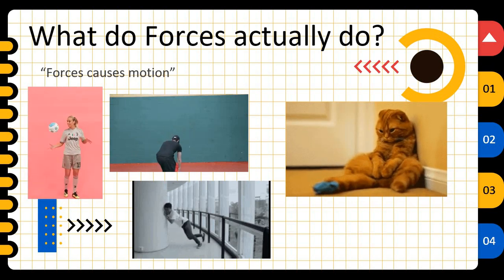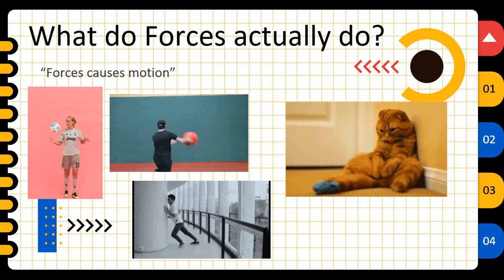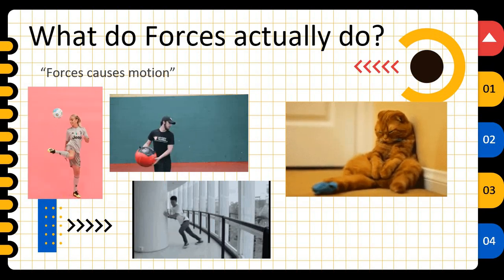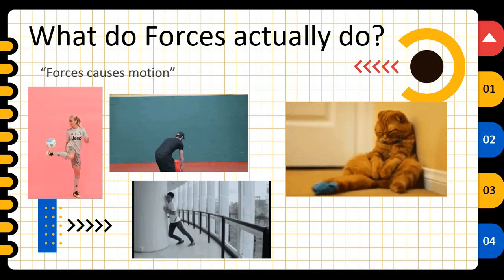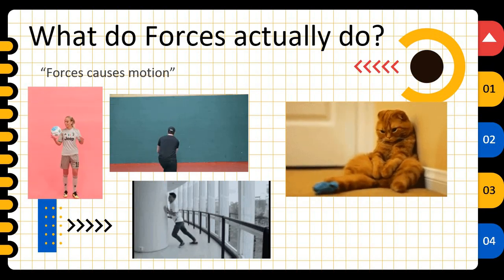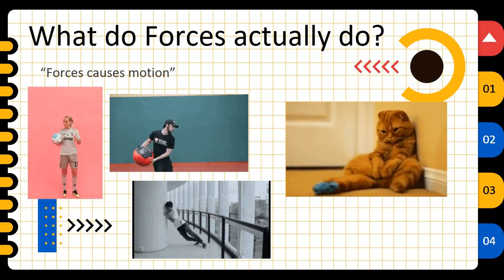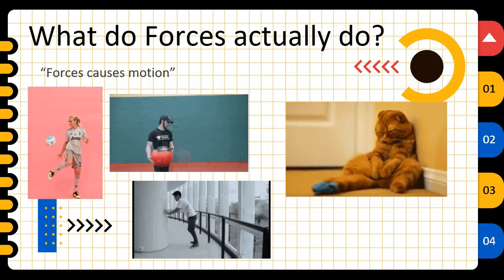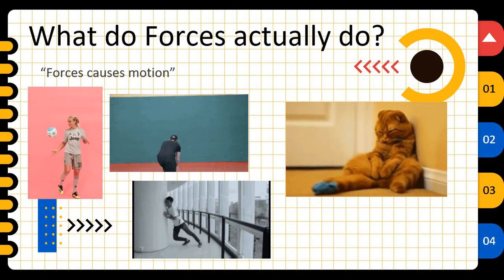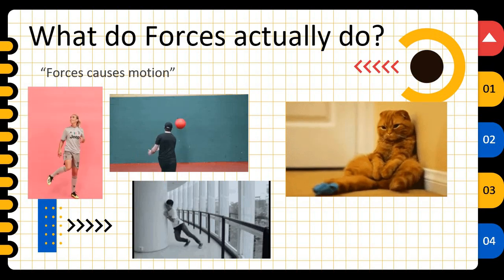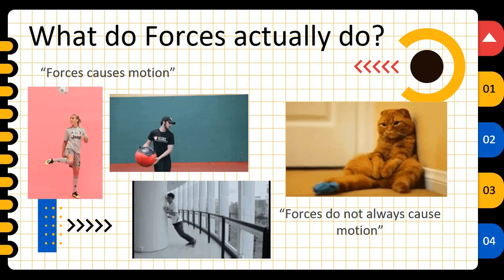So does that mean that the cat and the person pushing the pole are not actually exerting force towards the other body? Right, the answer would be no. They still exert force. But what can we infer about the situation? This situation reminds us that forces sometimes do not cause motion.